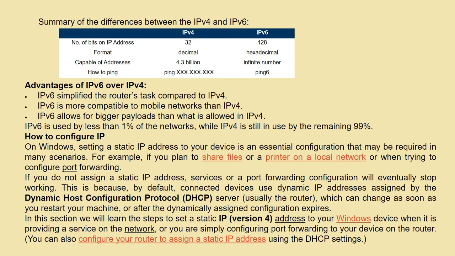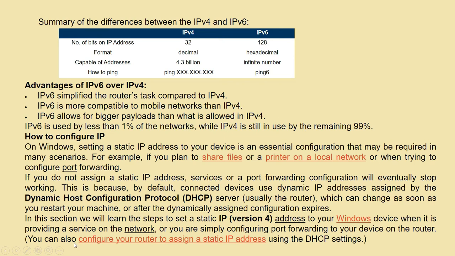IPv6 allows for bigger payloads than what is allowed in IPv4. V6 is used by less than 1% of networks, whereas v4 is still in use by the remaining 99% of networks.